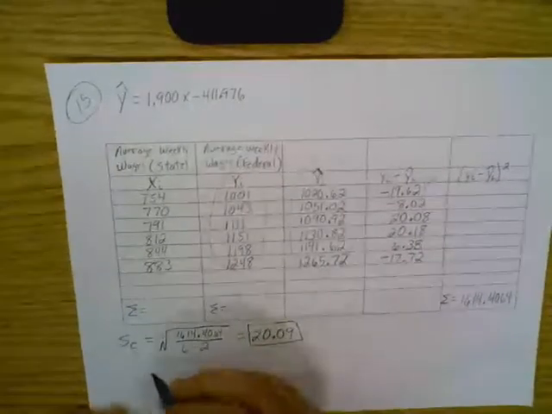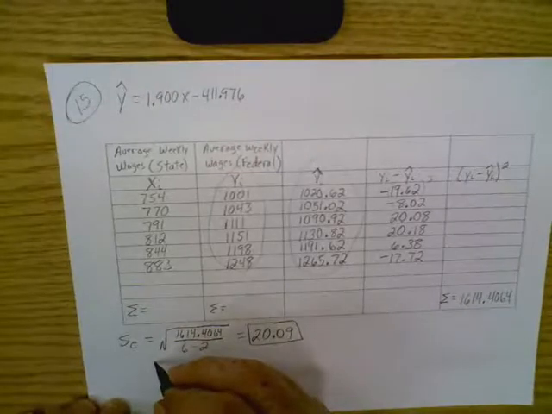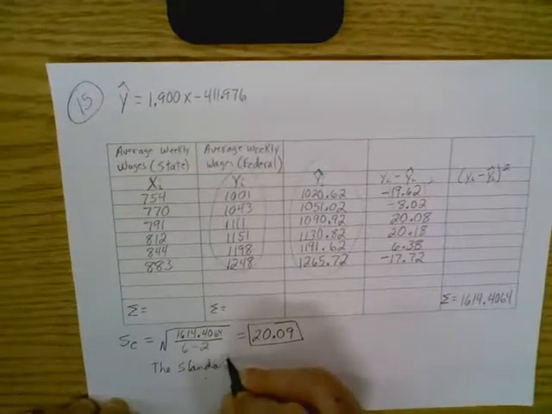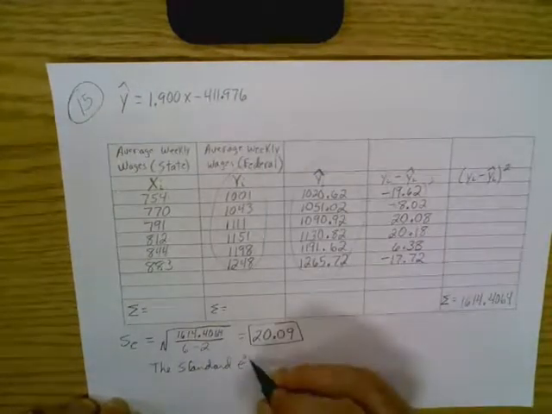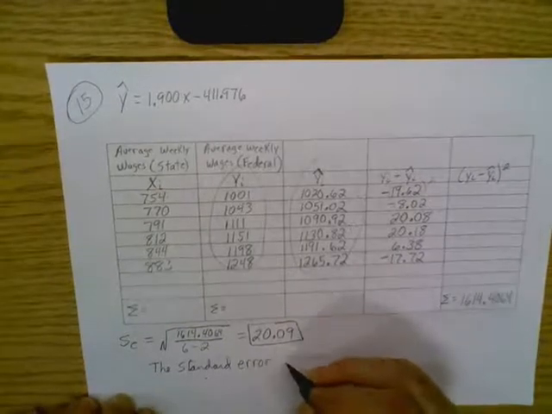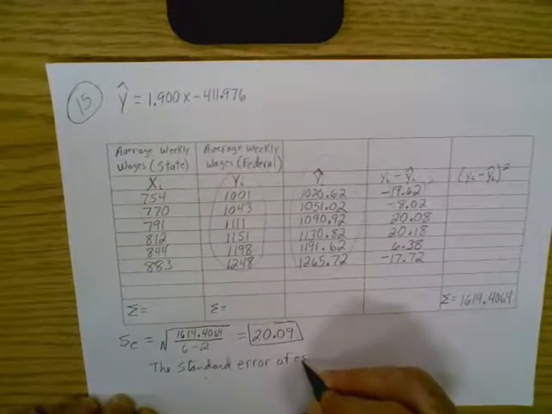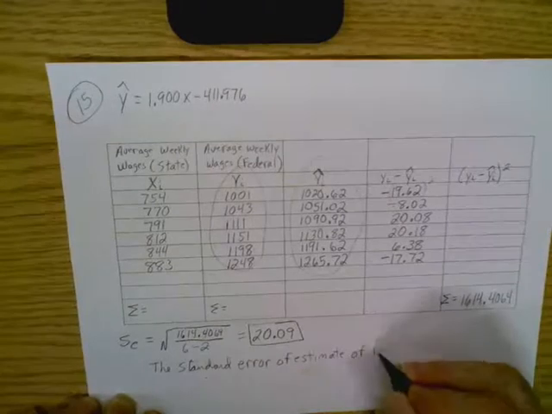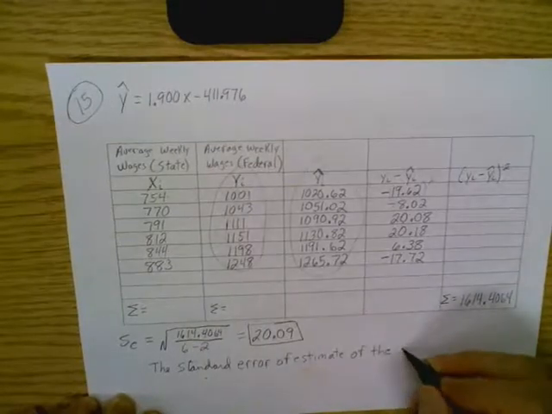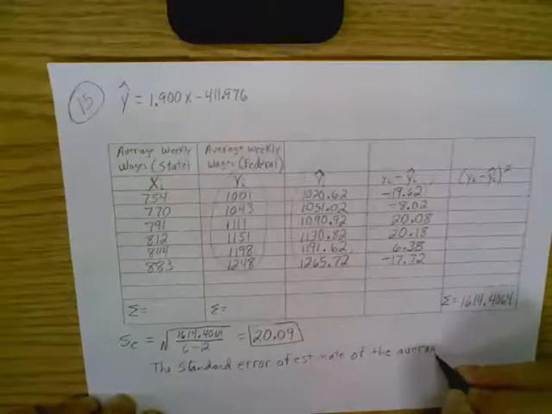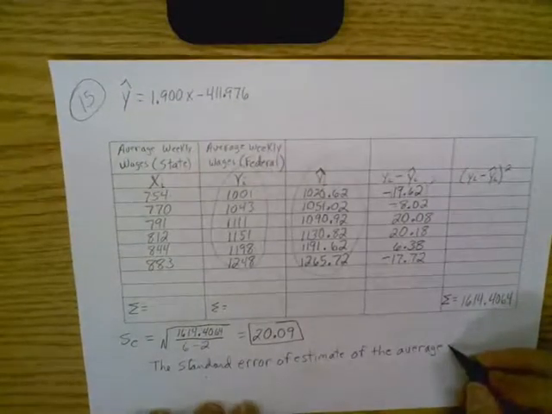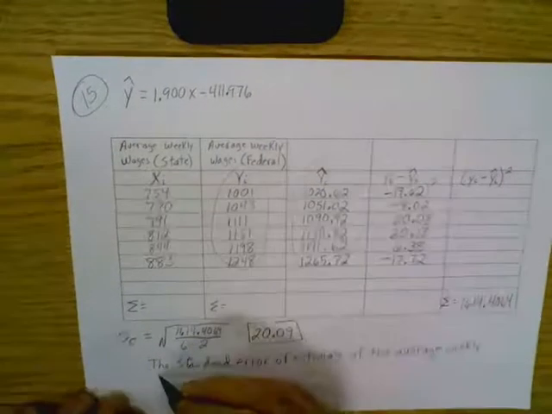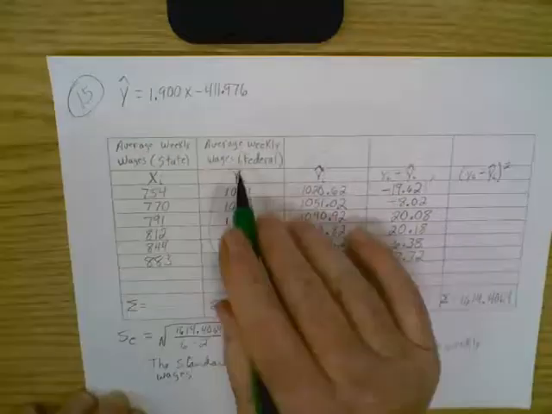To explain this, remember when we explain it, the standard error of estimate. We always start off with that. Of the, and then the next part is the Y. So of the average weekly wages, the Y was the federal.